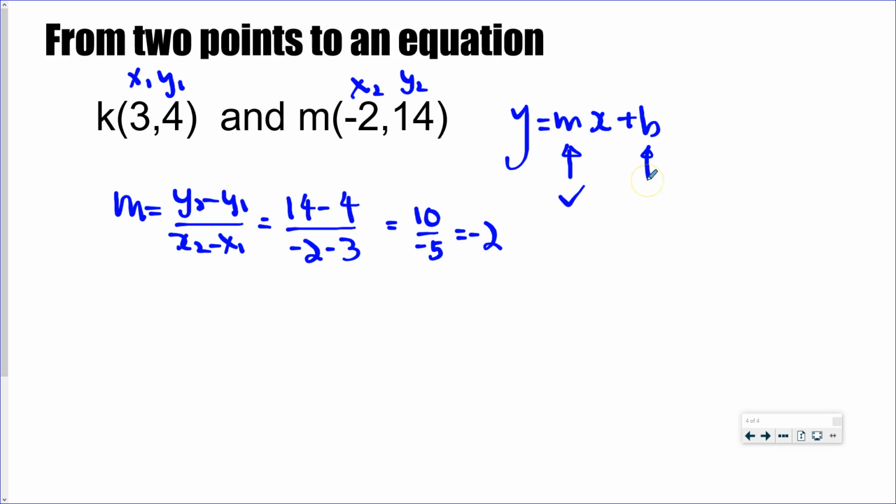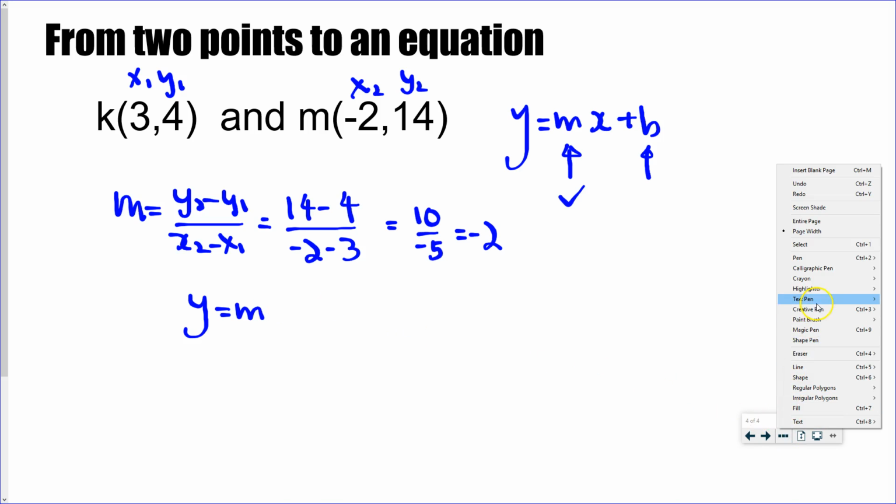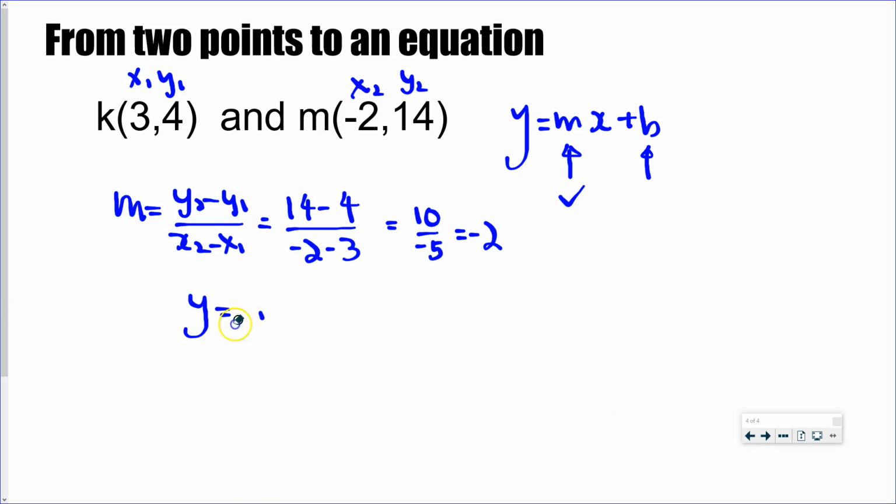So the next question is, I have to find the b, and how can we find the b? Because we're using this equation, at this stage, we can actually fill in some of this. We have y is equal to m, sorry, not m. Where is my eraser? Okay, over there.